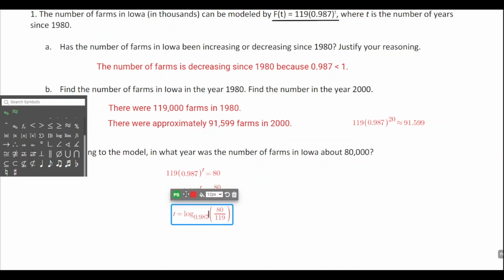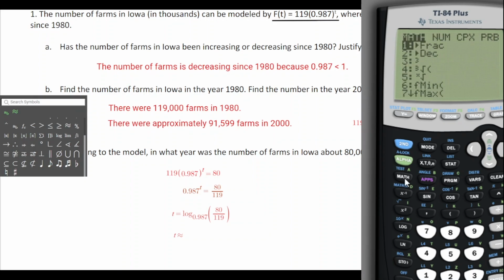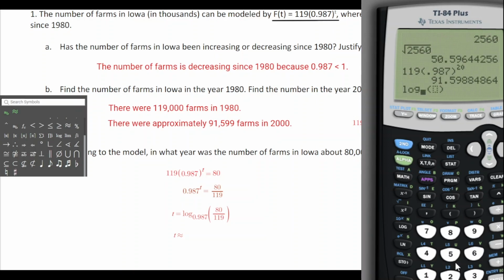And if we want to approximate what that would be, t is approximately, and this is something we're just going to type into the calculator. To do log base, you're just going to hit math, log base 0.987, and in here we're going to do 80 over 119.